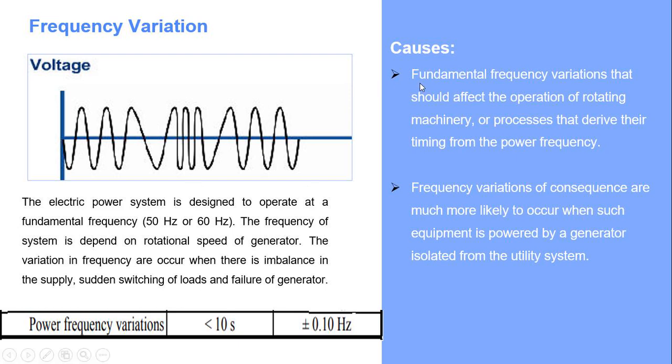Fundamental frequency variation can affect the operation of rotating machinery or processes that derive their timing from the power frequency. The consequences are much more likely to occur when such equipment is powered by a generator isolated from the utility system.